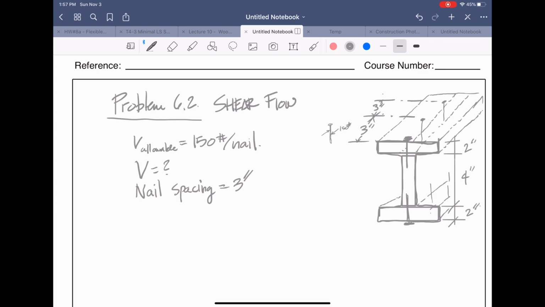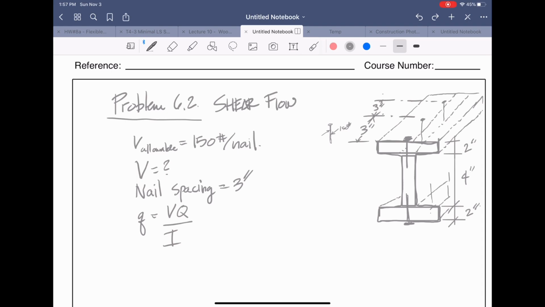And so we know the shear flow equation: q is equal to VQ over I. Shear stress has a tau, but we're focused on shear flow.